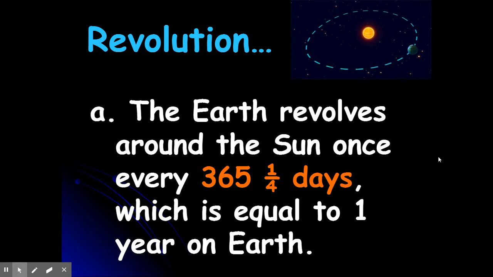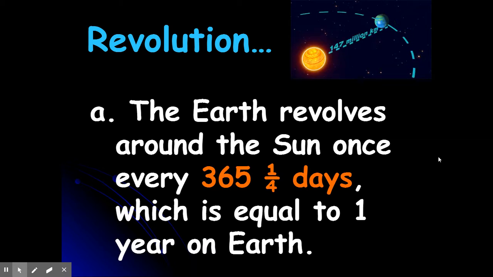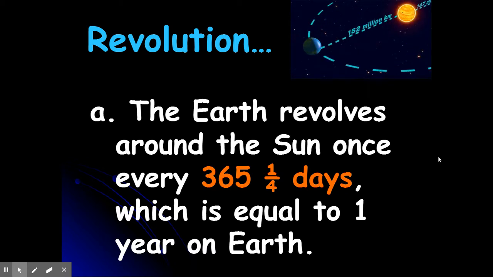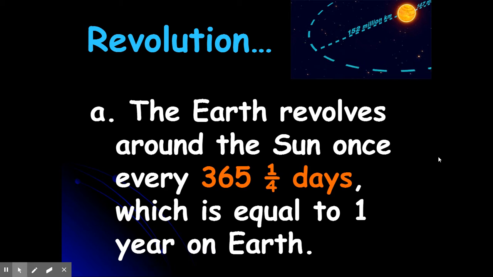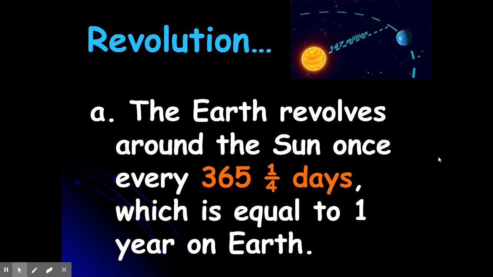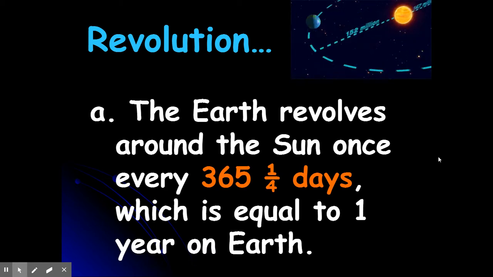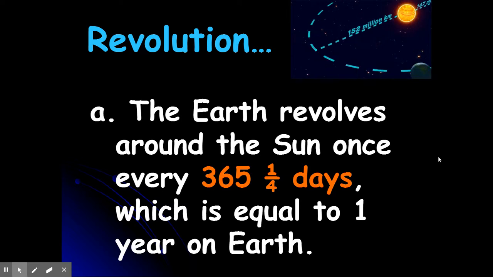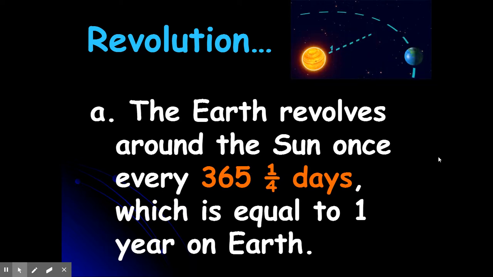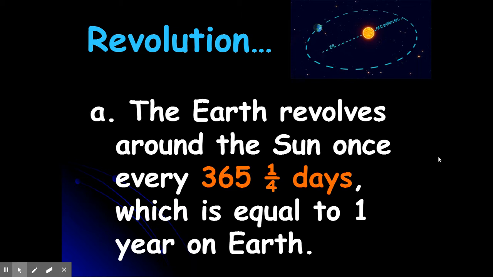Now, if we add those 6 hours together after 4 years, 365 days, 6 hours, plus 365 days plus 6 hours, do that 4 times, then those 6 hours become 24. And so on our calendar, what we do every 4 years is we add an extra day to our calendar in February to account for that 6 extra hours every year of the Earth's revolution around the sun.